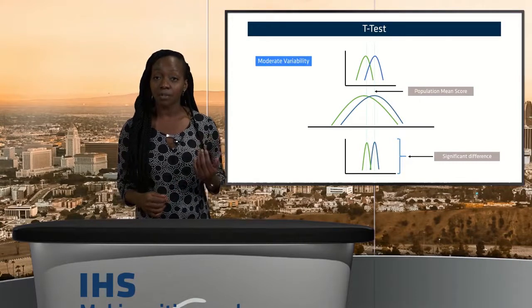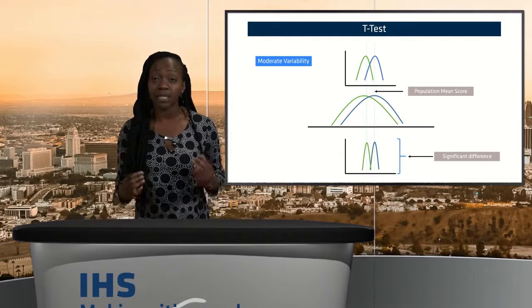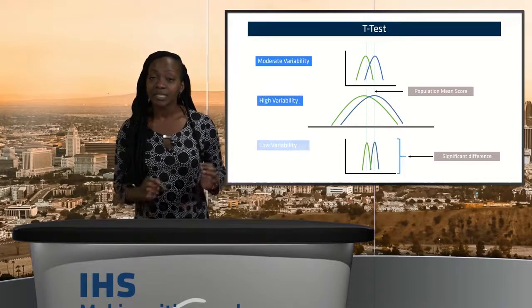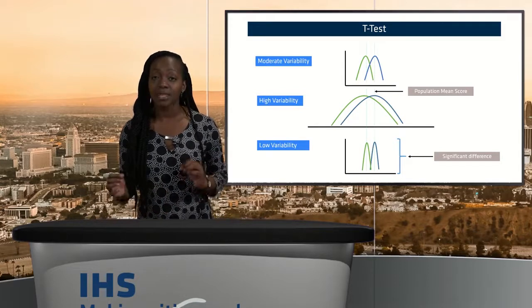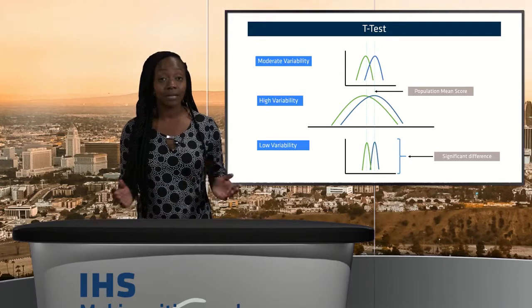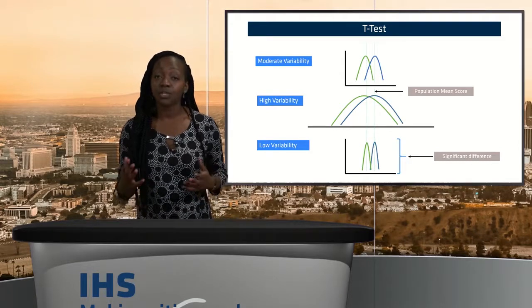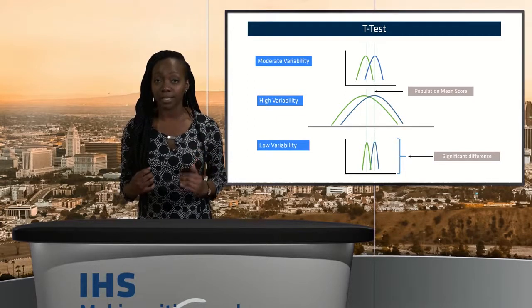The top example shows a case with moderate variability of scores within each group. The second situation shows the high variability case, and the third shows the case with low variability. Clearly, we would conclude that the two groups appear more different or distinct in the bottom or low variability case.